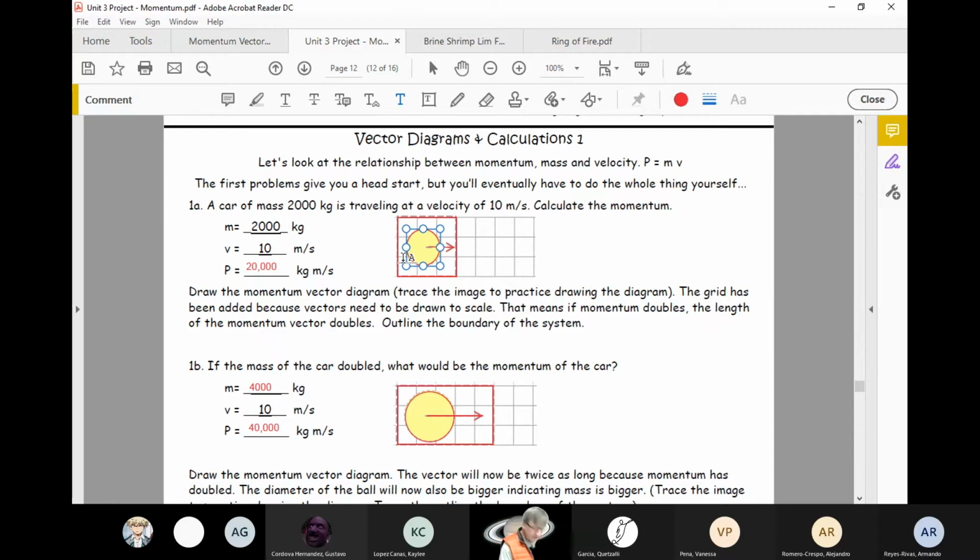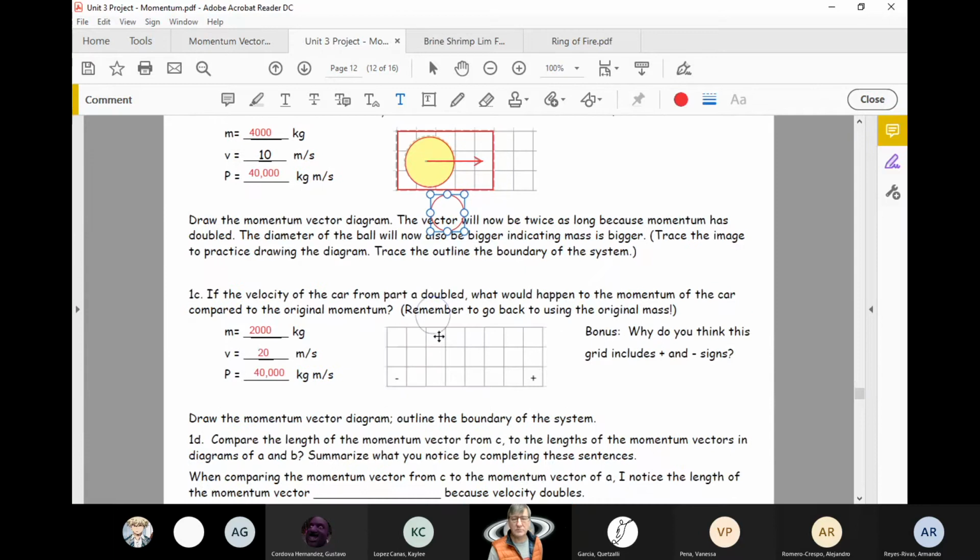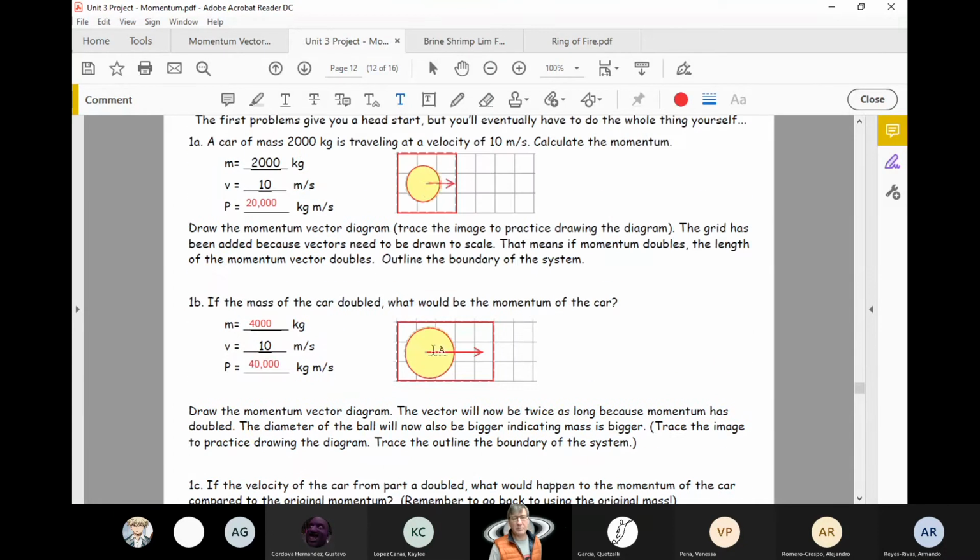So I'm just going to copy and paste this using Control C and Control V. Then I'm going to drag it down here, and I'm going to put it right there. Okay, so my momentum vector includes the mass, and I want it to be in line with these other masses. So I made sure I used the same circle.